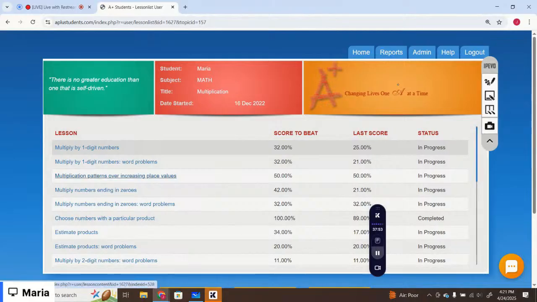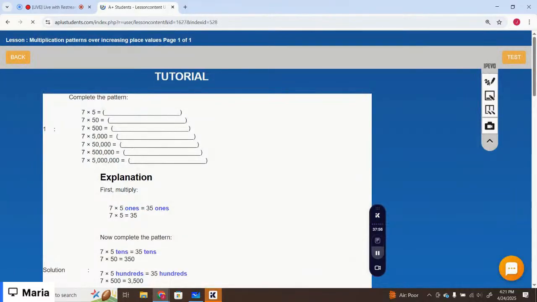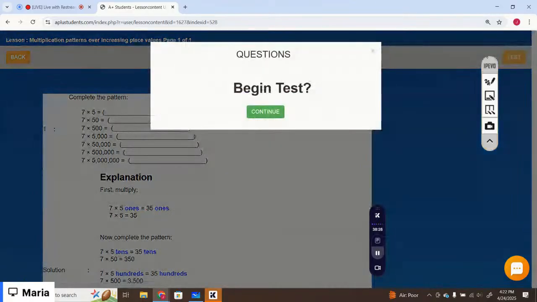Multiplication patterns over increasing place values. Seven times five. Okay, let's just start with the test questions. You can do the practice questions on your own.